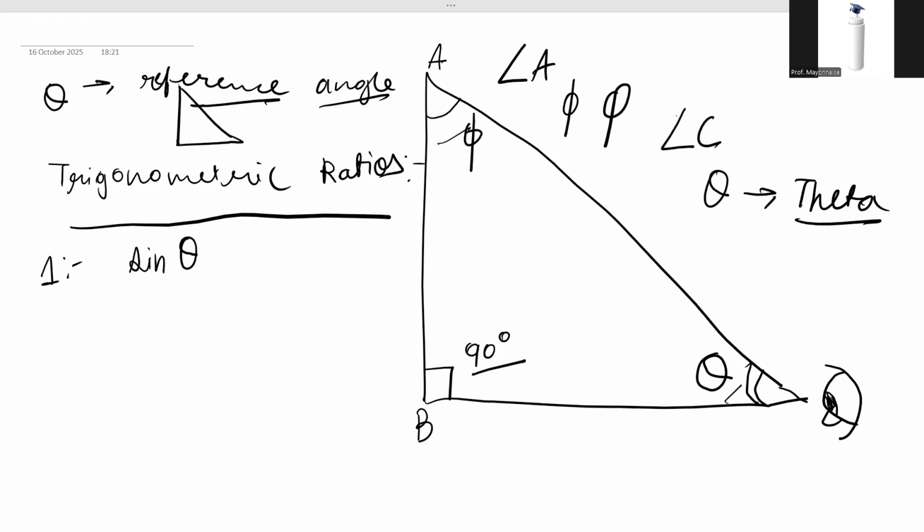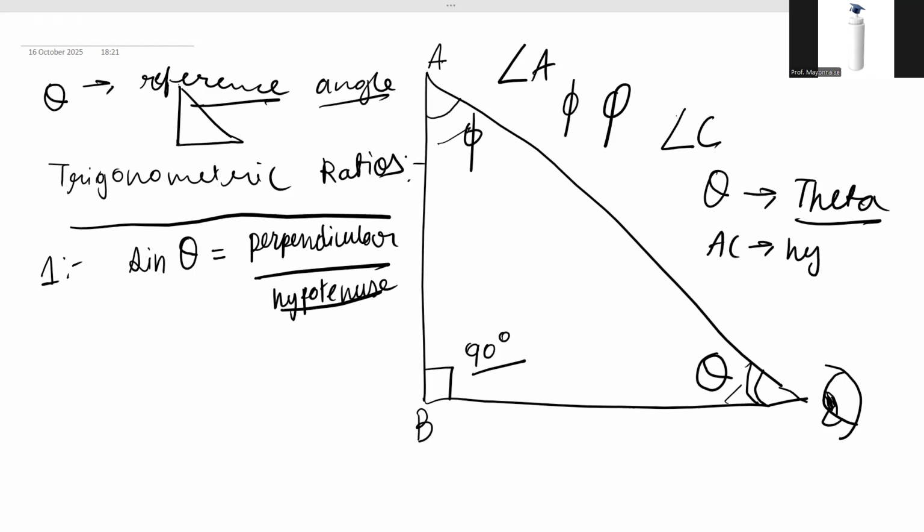First, we've got the sine of theta. The sine of theta can be written as perpendicular by hypotenuse. Now, from Pythagoras' theorem, we know that the hypotenuse is the longest side of a right-angled triangle, so here AC is the hypotenuse, right?